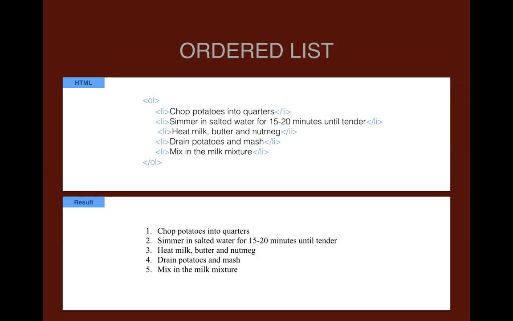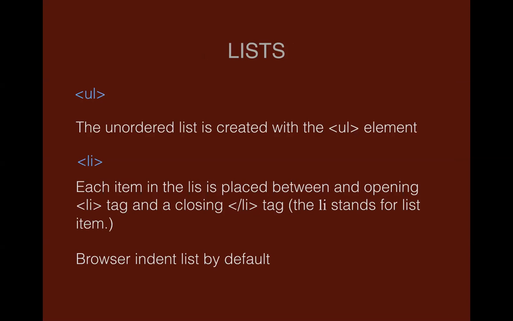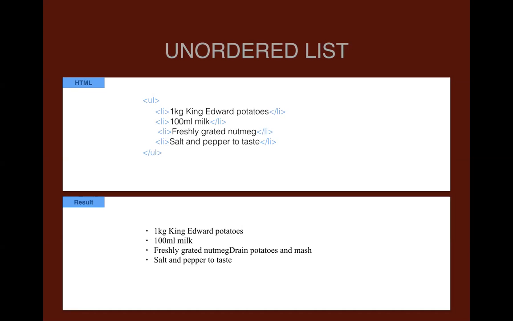Then UL is unordered list, the same as OL, but when you type it this way and it appears in the browser, you have the bullet before the words. So far clear, guys? Never mind, we're going to do this later.